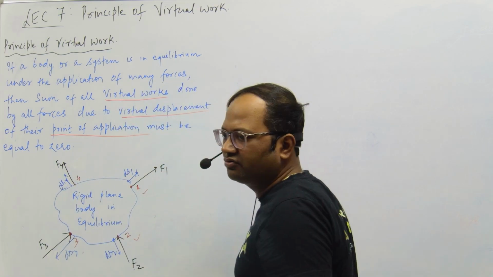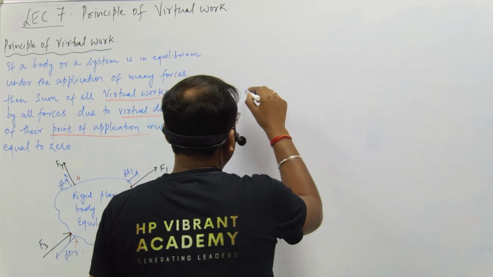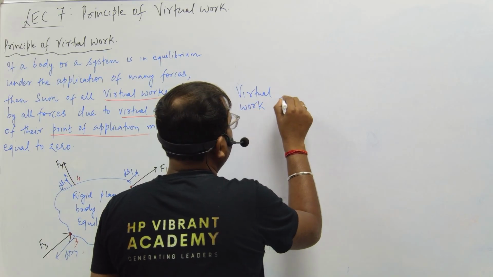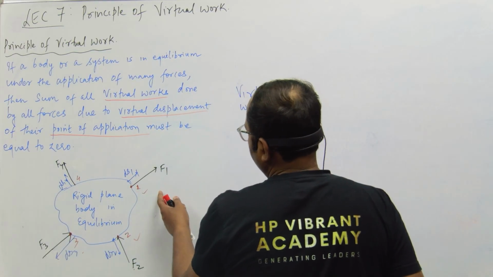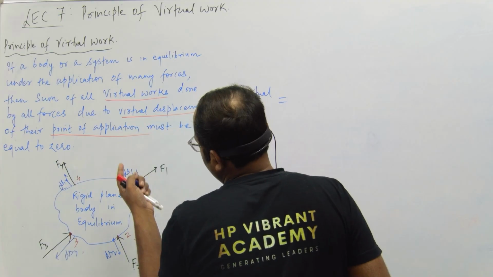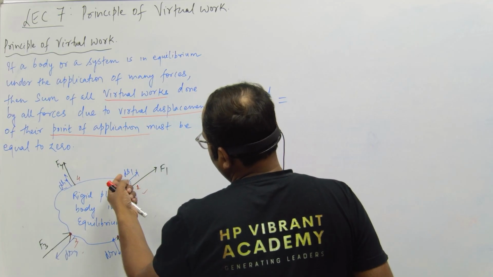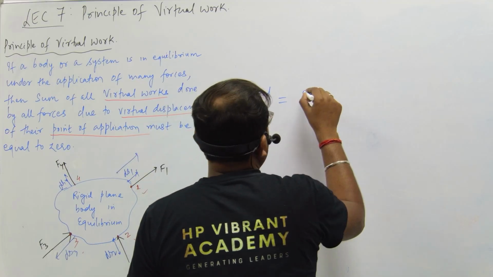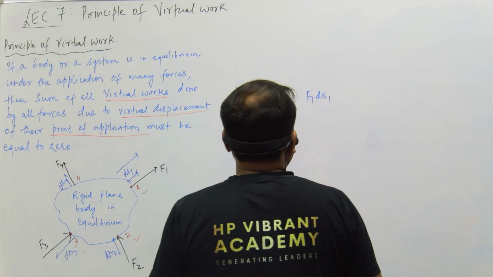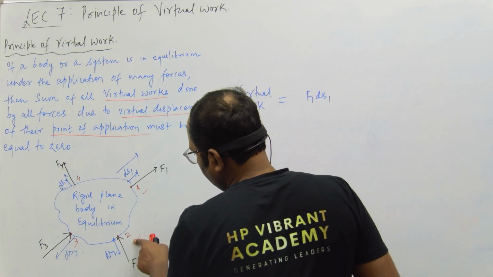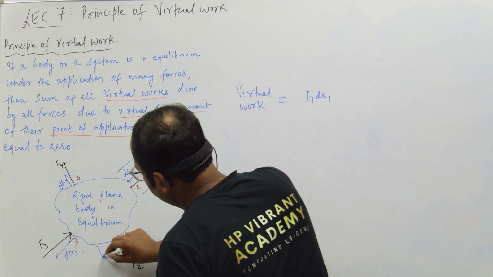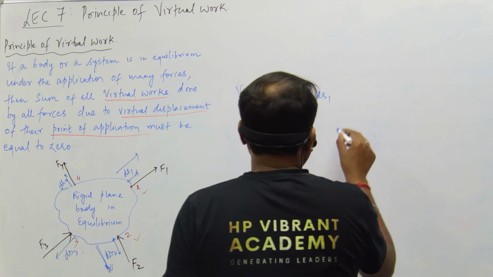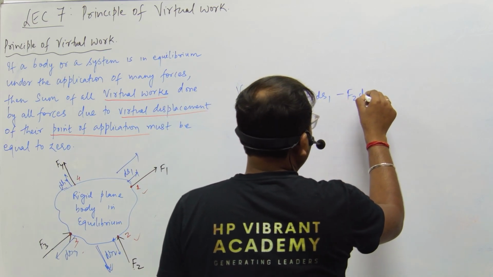Let us write down the virtual work done. The virtual work is equal to force times displacement. This is F1 times ds1, and the work done is positive because the displacement is in the direction of force F1. At point 2, the displacement is in the opposite direction to the force, so this is negative: minus F2 ds2.